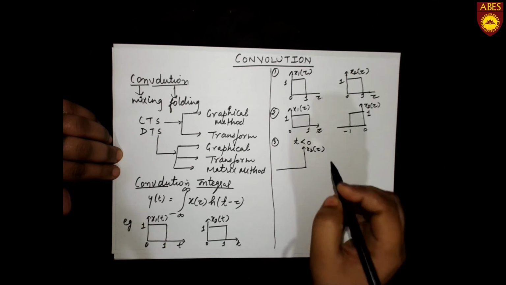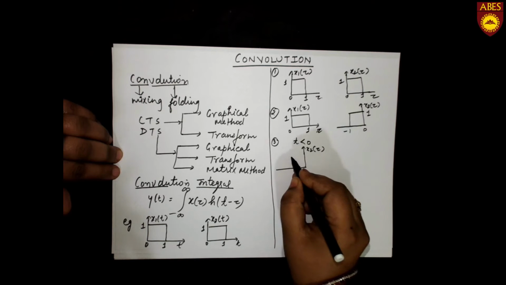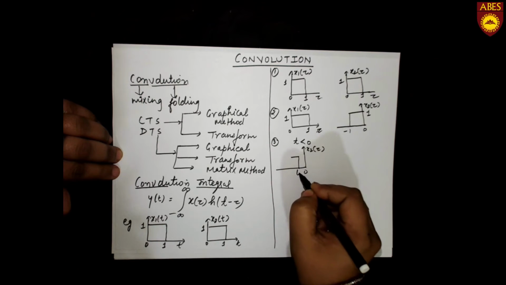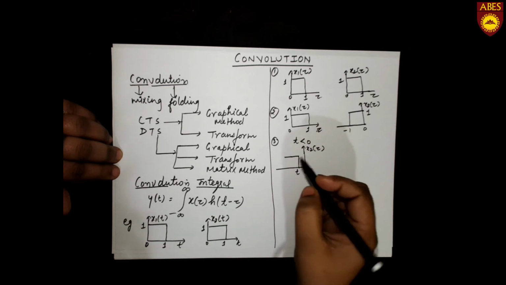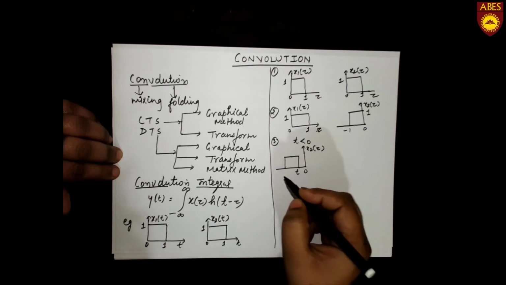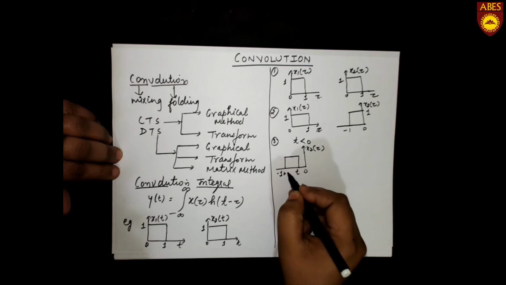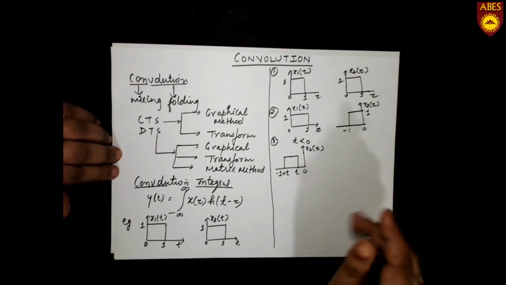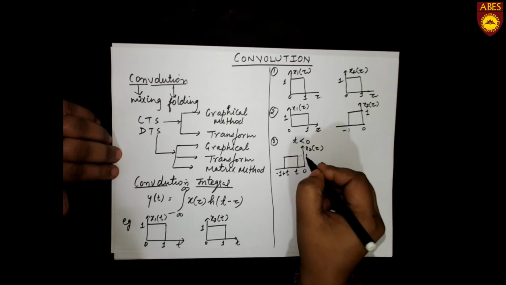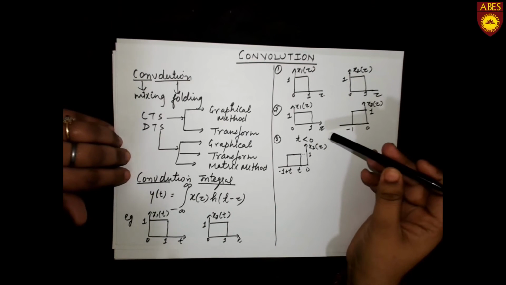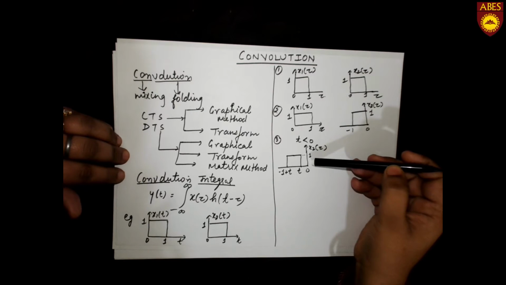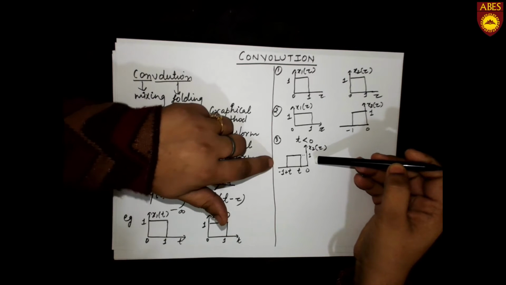So the third step is, for t less than 0, shift the second signal by an amount t, where t is less than 0. Maybe it may be minus 0.5 or minus 0.2. Now, see the overlapping area between the first signal and the second folded and shifted signal.